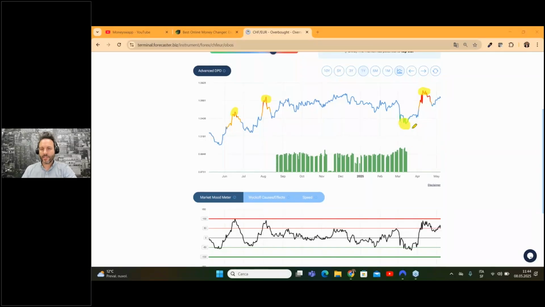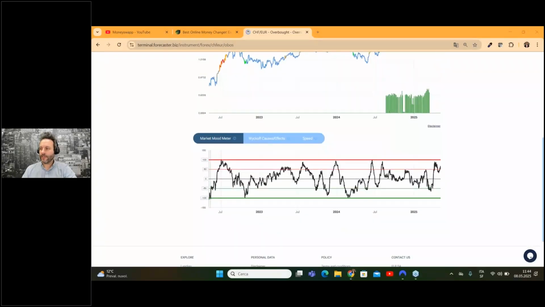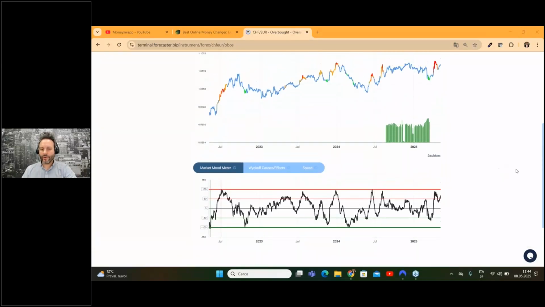Here, the chart is in green. You can also find the historical version below the chart.